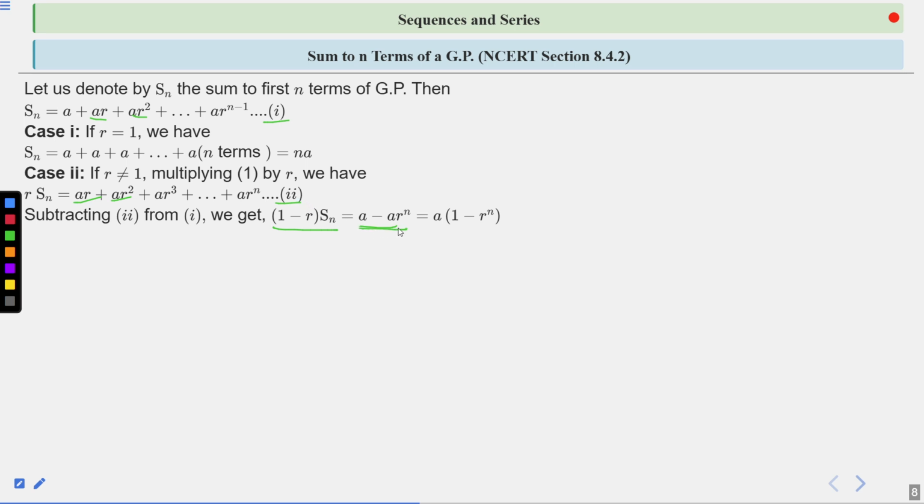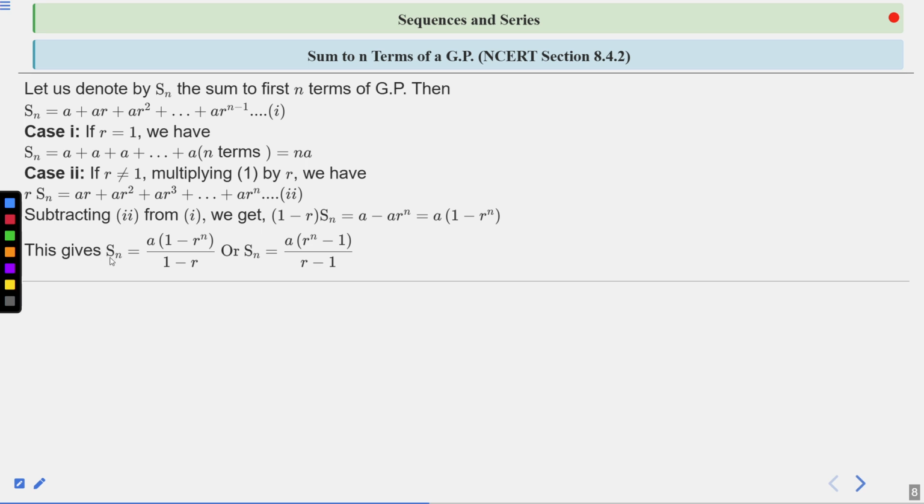Now, taking a common from the right, we get a times 1 minus r raised to power n. So Sn is simply a times 1 minus r raised to power n divided by 1 minus r, or Sn is equal to a times r raised to power n minus 1 divided by r minus 1.